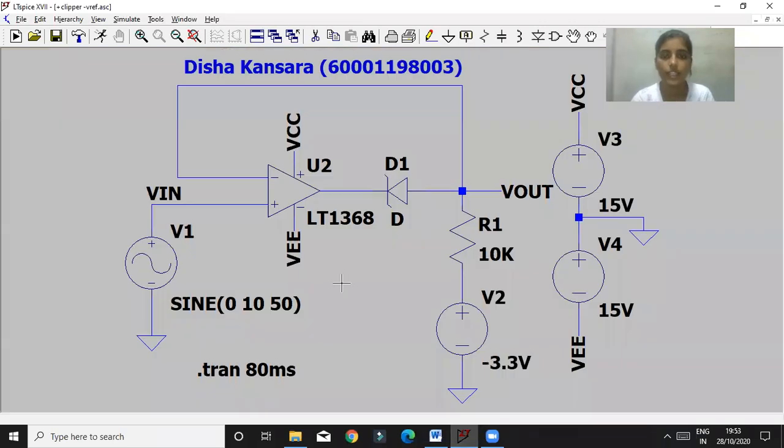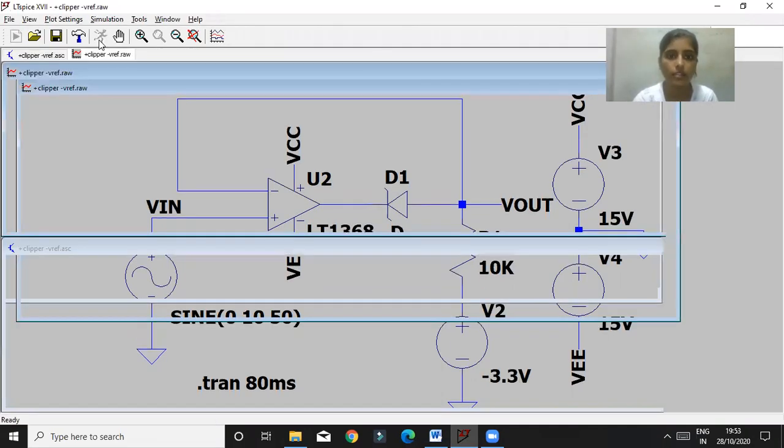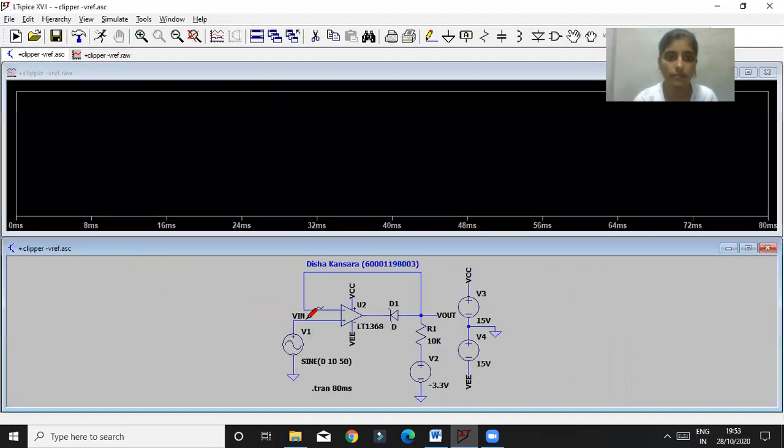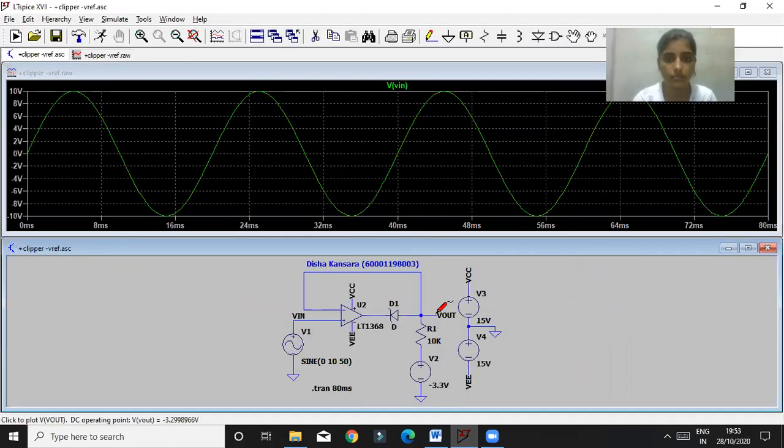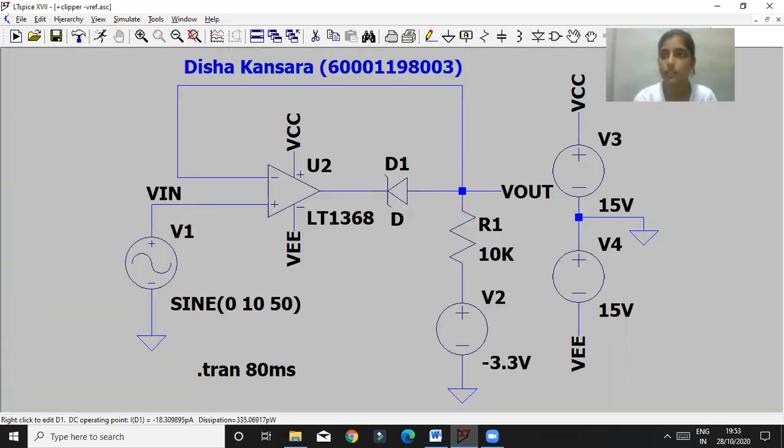Here I applied negative 3.3 volts as my reference voltage, and all others are the same. So this is the output waveform for the positive clipper with negative Vref. Let's quickly check the next one.